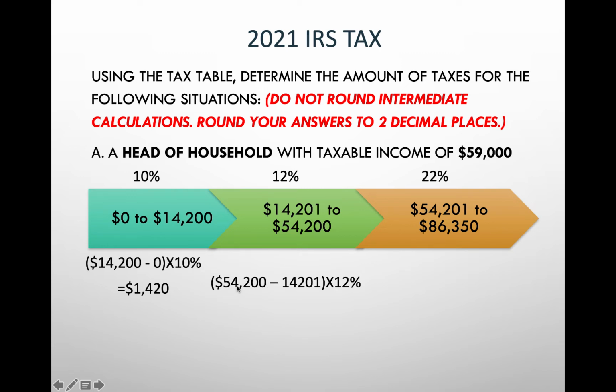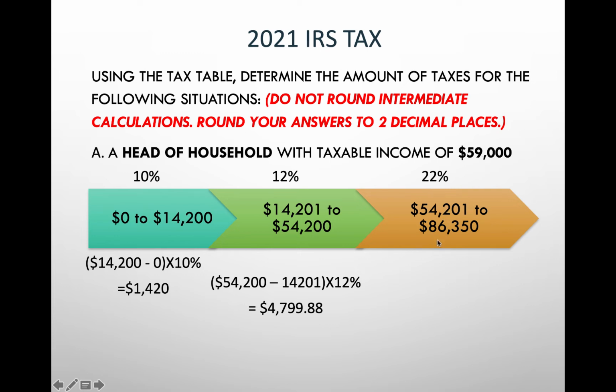So there's my 54,200 minus the 14,201, and I'll multiply that by the 12% tax rate. Again, the tax rates are in the table, in the last slide. When I subtract these two, I'll take that difference and multiply it by my tax rate to get $4,799.88.